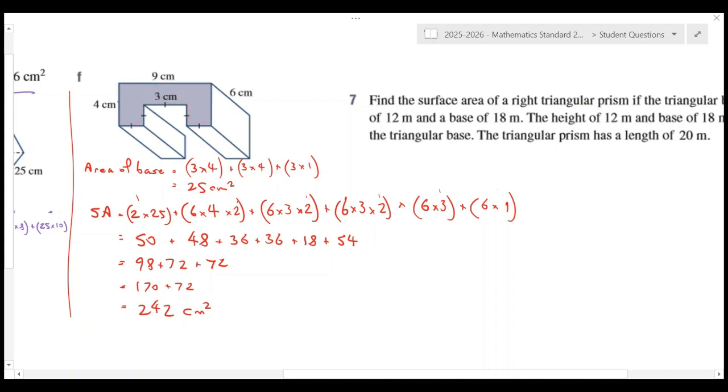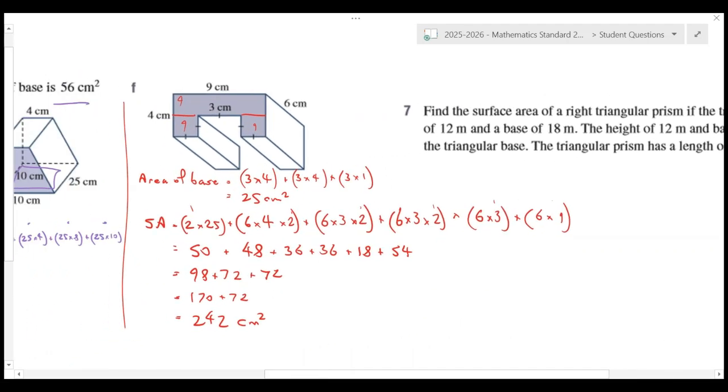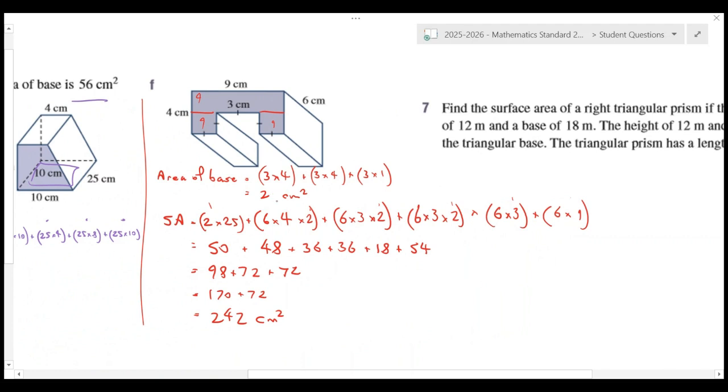Now, if I did it the other way, let's just double check. So I don't mind doing this, just double checking and making sure I've done it right. So I would have a 9 by, I'm still confident that's 1, so that would be 9, and then this one would be 3 by 3, which is 9 and 9. Oh, yeah, okay. Turns out I can't count. That would add up to 27, which means that's going to be 246 because that's going to be 27.